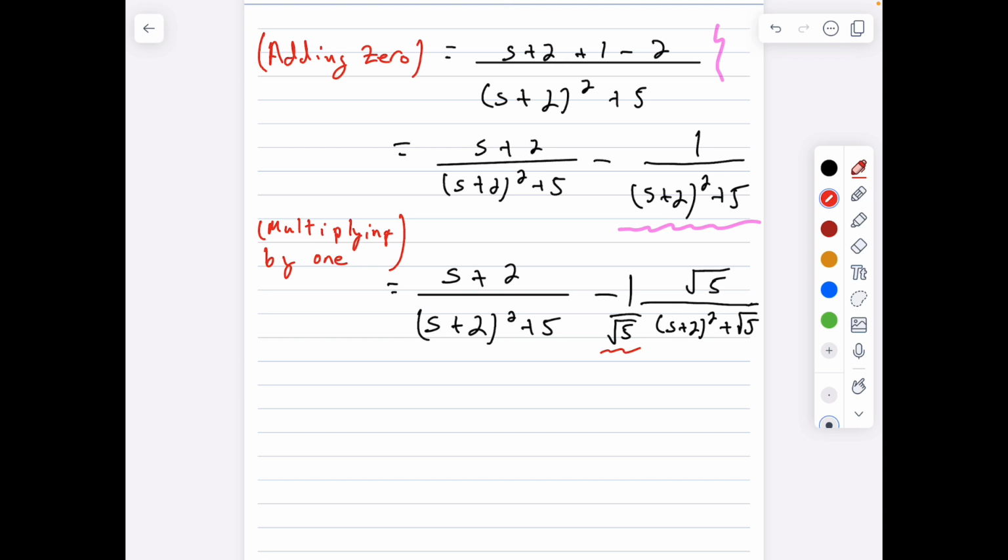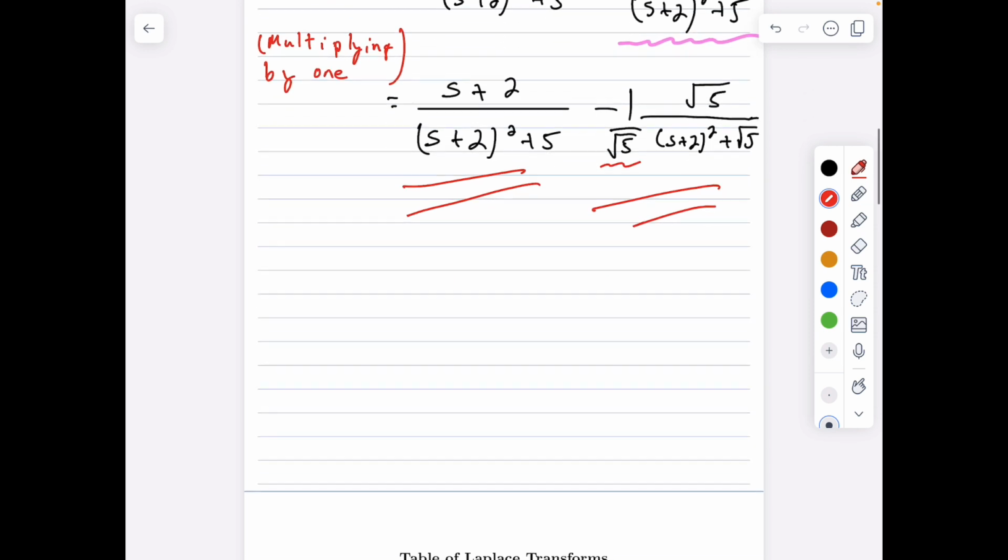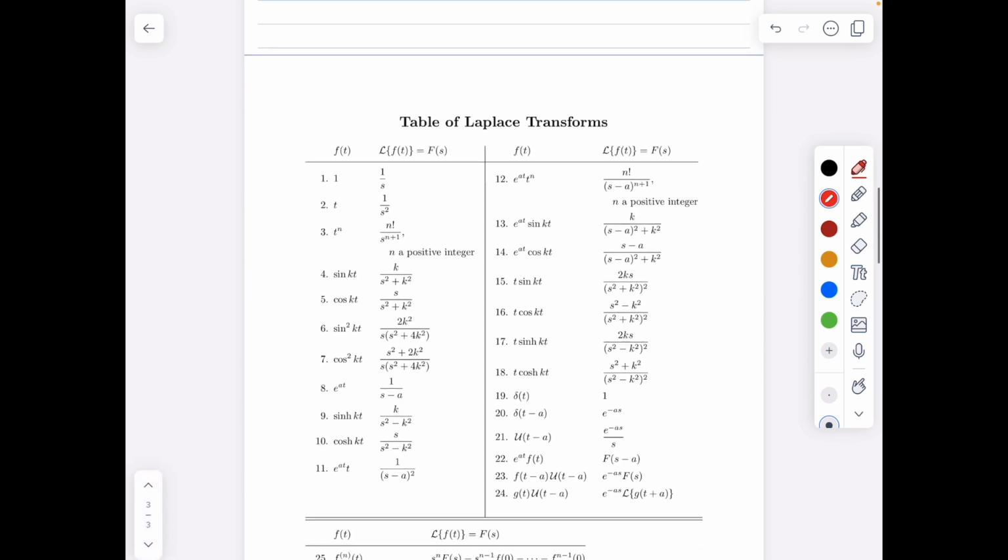All right, so that's how you can handle an inverse Laplace if you're not given an extensive table. Often you reach this point, and if you have a really extensive table, then 13 and 14 you can just put them in there.